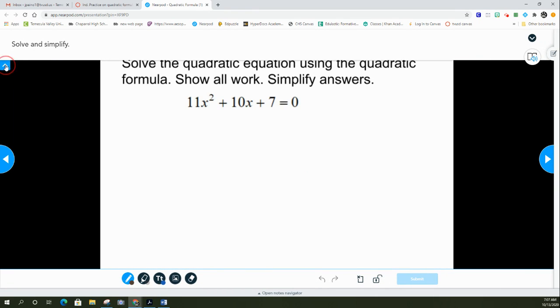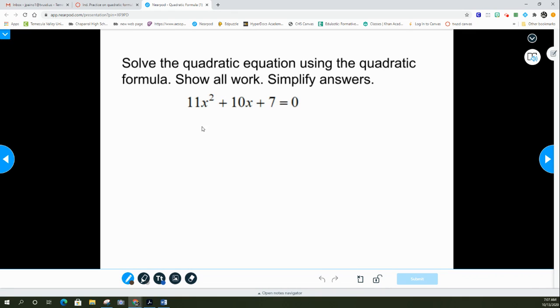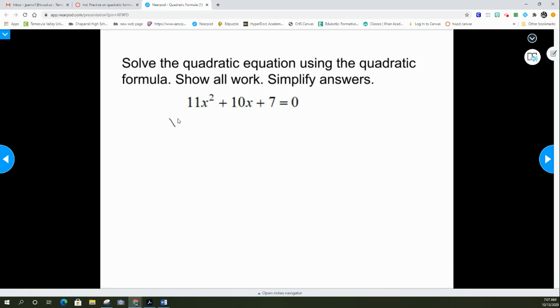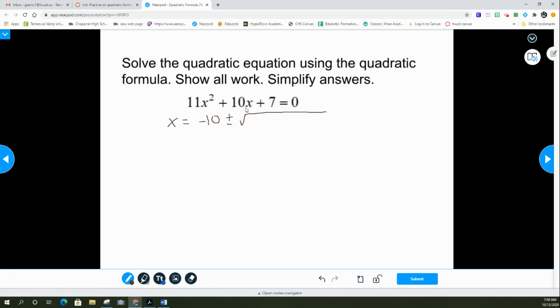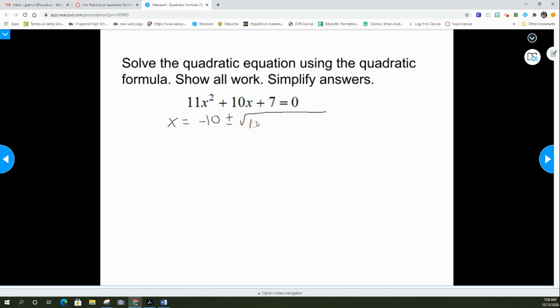So if I do this problem right here, let's go ahead and do some of the basic math in our head. So negative b, so negative 10 plus or minus the square root of 10 squared is 100 minus 4ac.